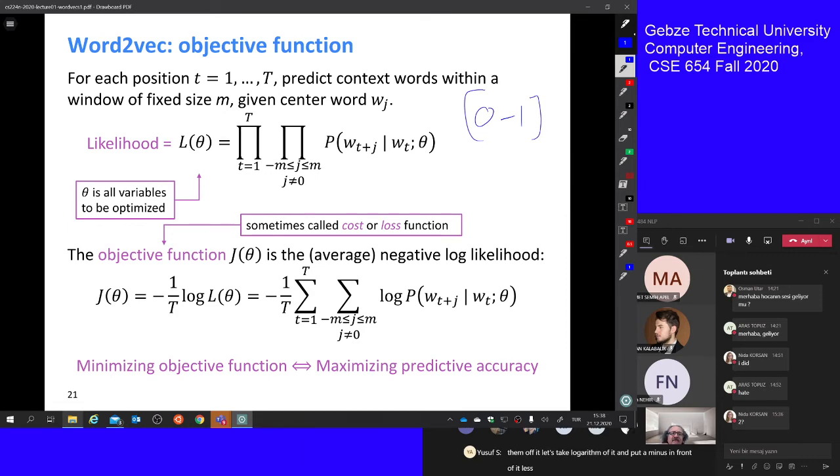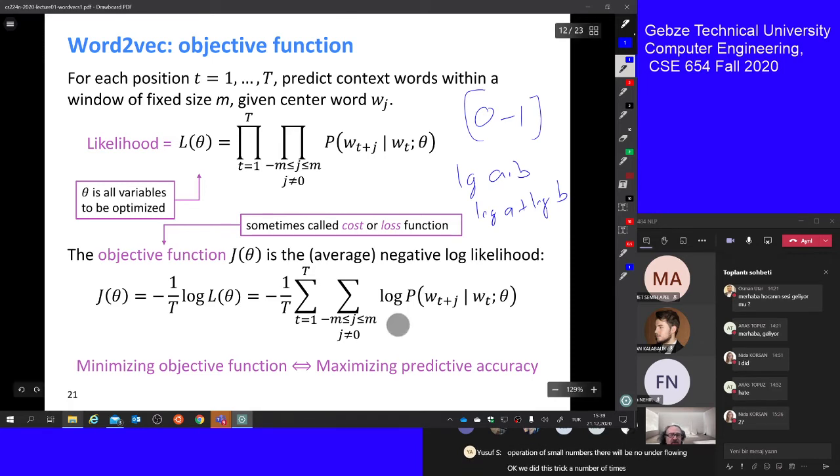When we take the logarithm of the whole thing, what is the logarithm of a times b? Of course, it is log a plus log b, right? So it turns into an addition operation, and with the addition of small numbers, there will be no underflowing. We did this trick a number of times.